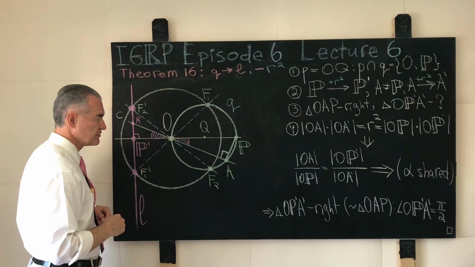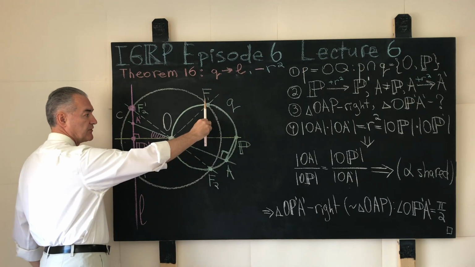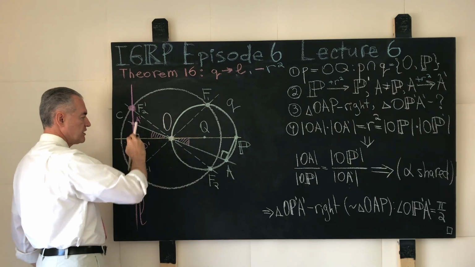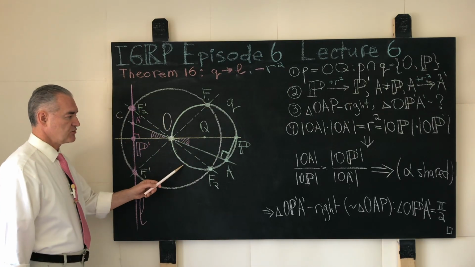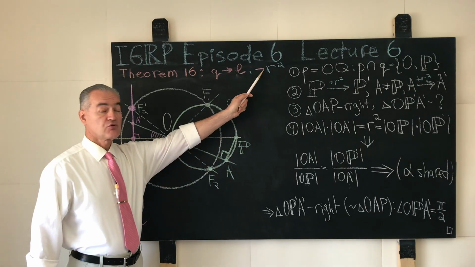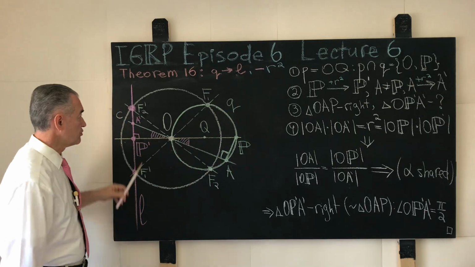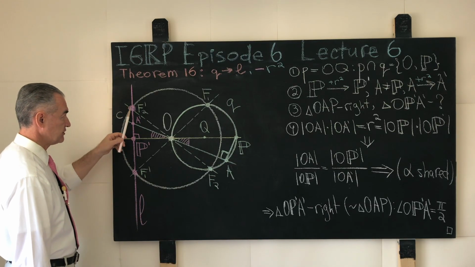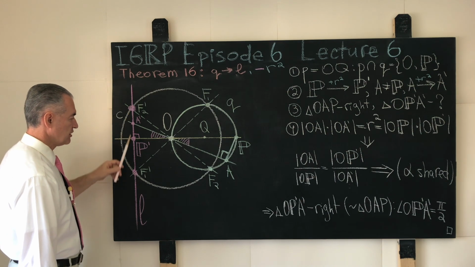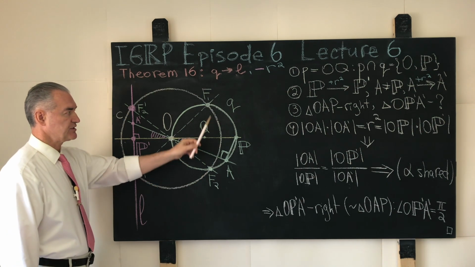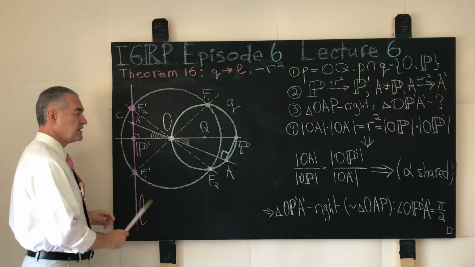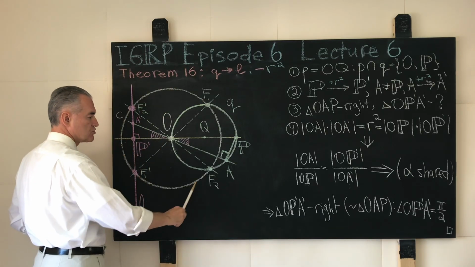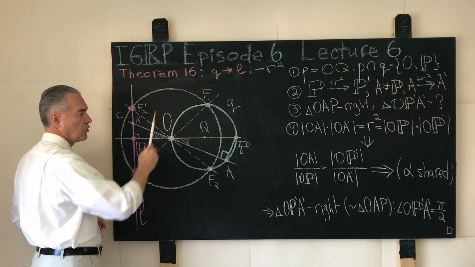That way, we simply take the result of theorem number 15 and rotate the parent plane about the center of inversion by pi radians and obtain the image of the given circle under the inversion with negative power that is shown on the left hand side of your screen in red, the straight line L that passes through two diametrically opposite images of the points that are common to both the given circle Q, shown in green, and the circle of inversion C, shown in white.